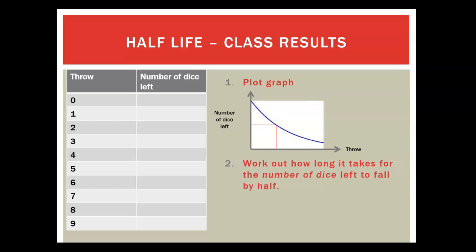So if you want to work out how long it takes for the number of dice to fall by half, you count the number of dice you've got at the start, halve it, draw a line across, and then down, and then take your throw number from there. What you can then do is halve this number on the side again.